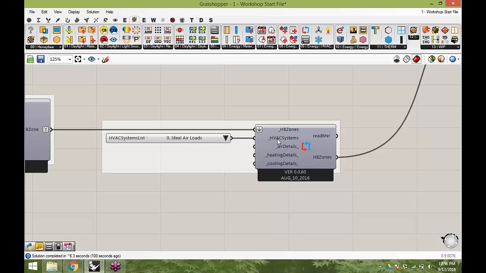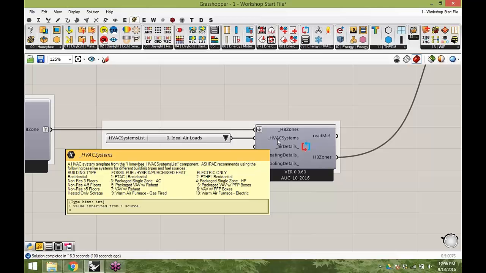If you hover over the HVAC systems input of the component here, you'll see that there are recommended different types of systems for different types of buildings.